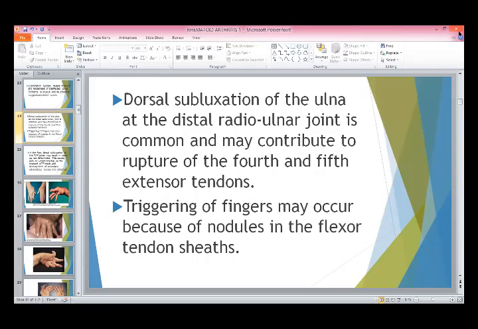Dorsal subluxation of the ulna at the distal radioulnar joint is common and may contribute to rupture of the fourth and fifth extensor tendons. Triggering of fingers may occur because of nodules in the flexor tendon sheaths.